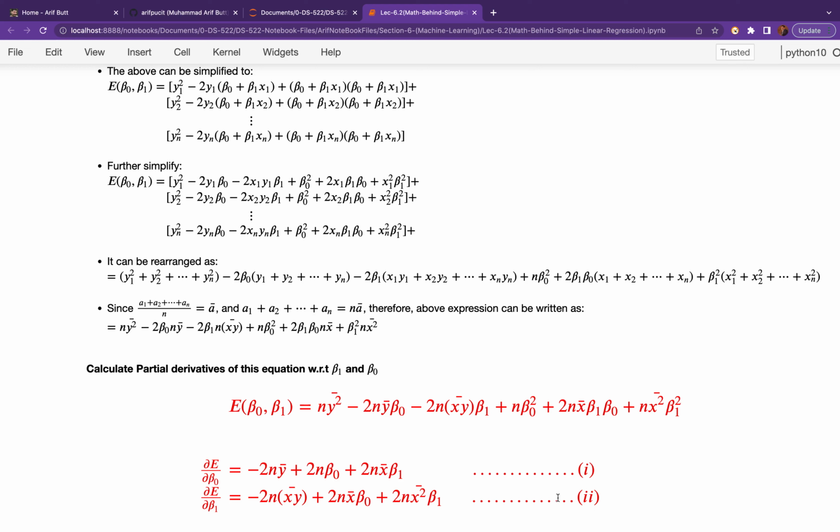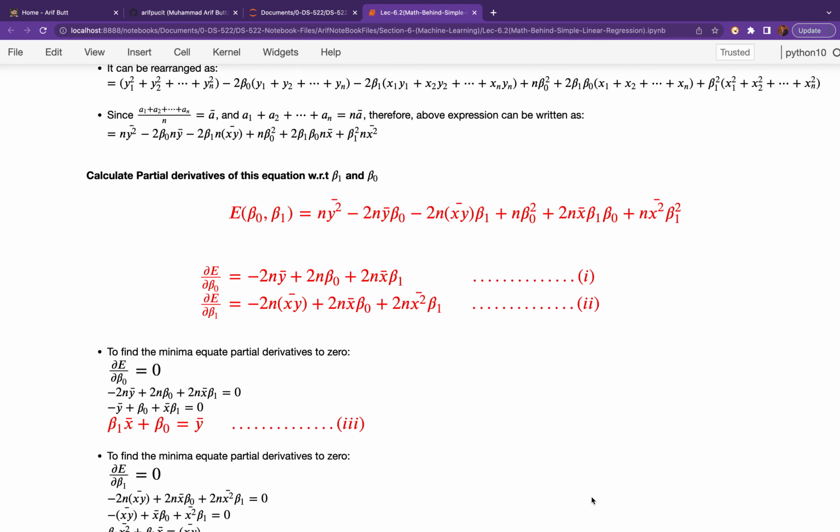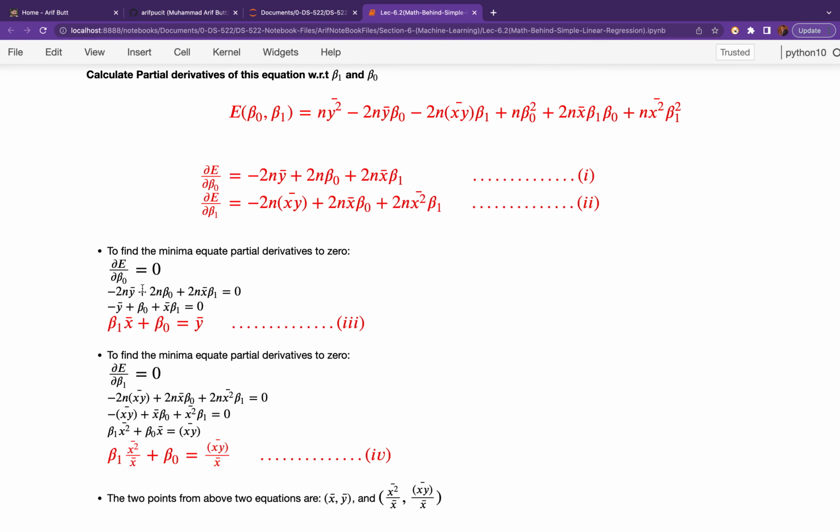Now, in order to find the minima, we equate both these equations 1 and 2 to 0. We equate this equation 1 to 0 to find the minima, and finally we land up at this equation 3, that is beta 1 x bar plus beta naught is equal to y bar.